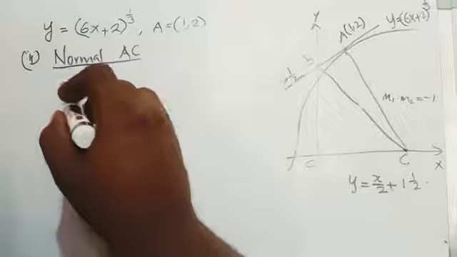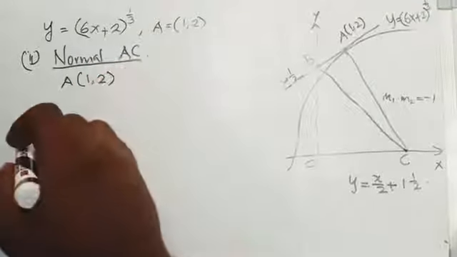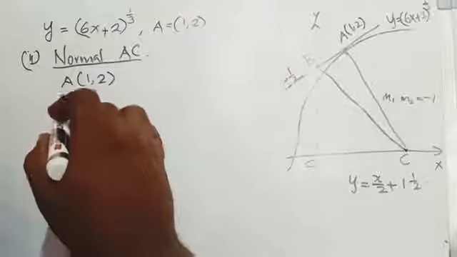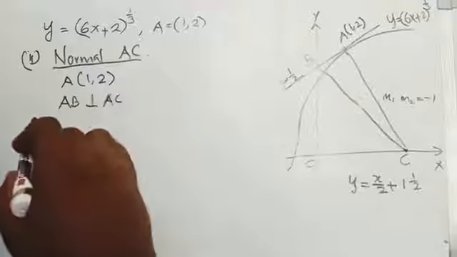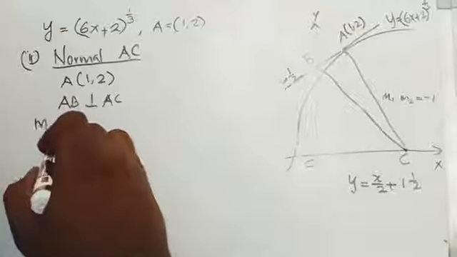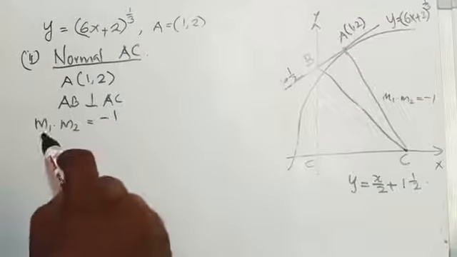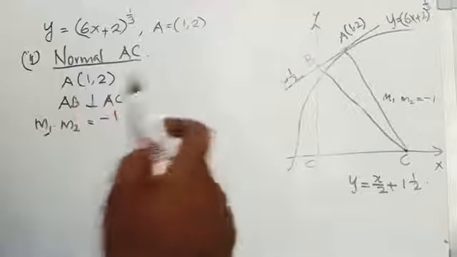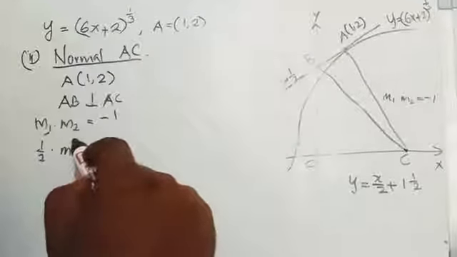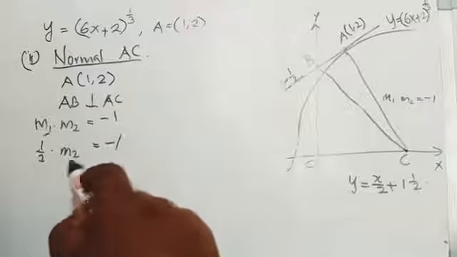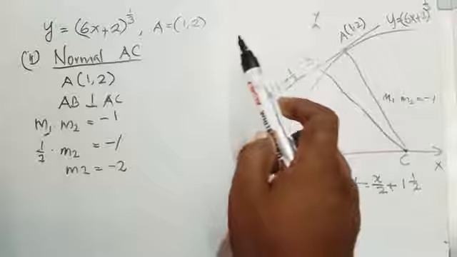Normal AC is also passing through the point (1, 2), and here AB is perpendicular to AC. So m1 into m2 is equal to minus 1. m1 is the gradient of the tangent that we got already as 1 by 2, times m2 is equal to minus 1, or m2 is minus 2.